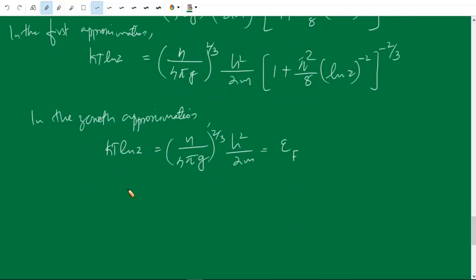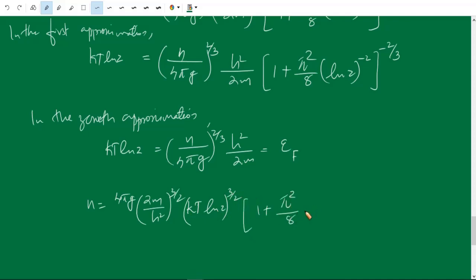In the next approximation, we can write using the expression, so in the second approximation we can write like this. What happens to kT log z?